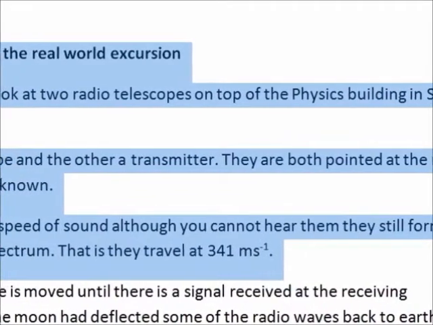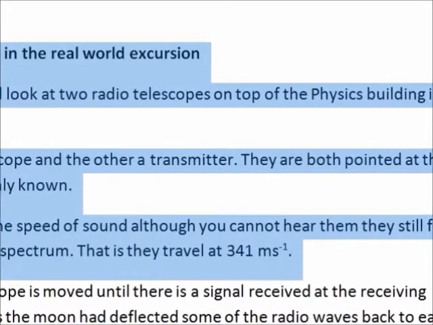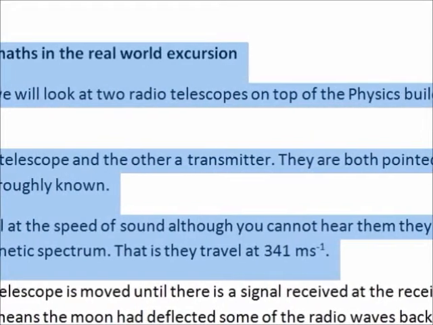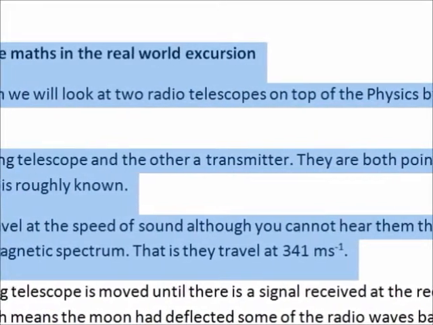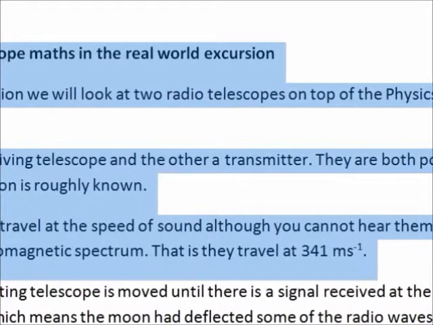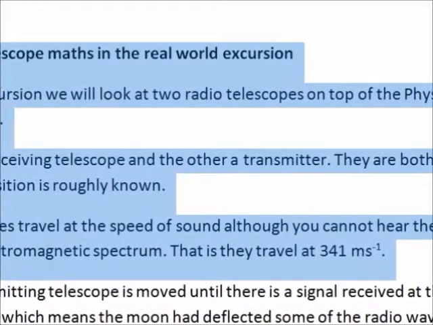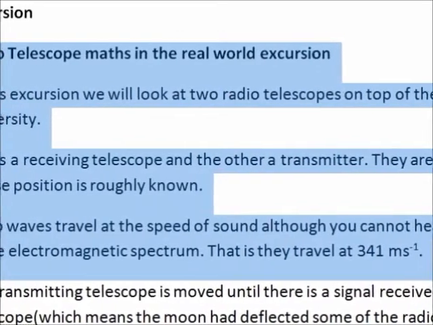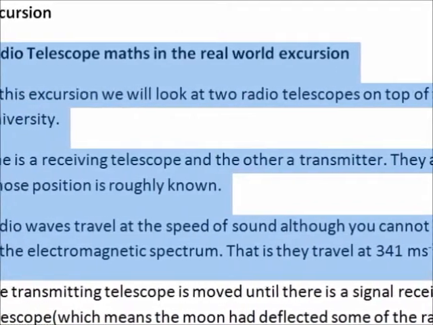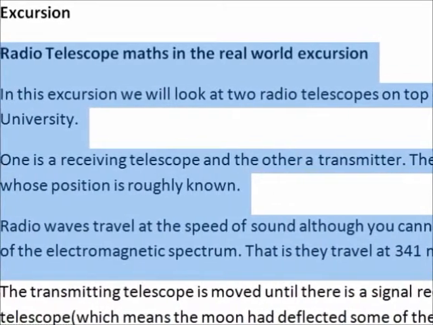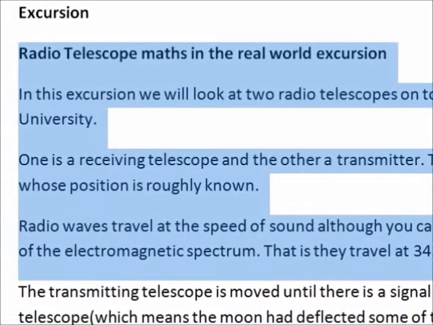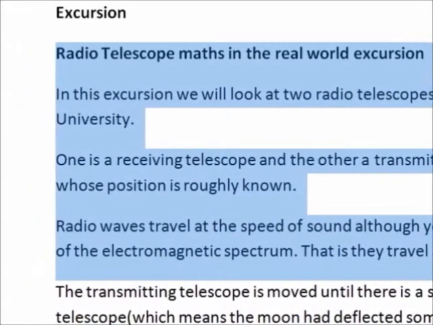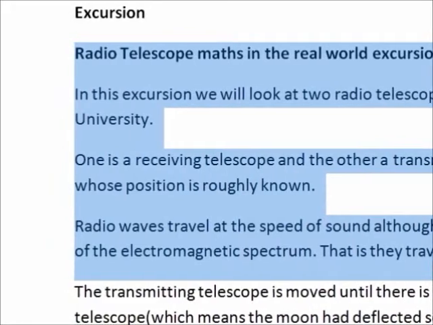One is a transmitter and one's a receiver, and you can line up these telescopes at the edge of the moon, so as the moon passes through the telescope while it's bouncing its radio beams, you can pick up a signal on the receiver and work out how wide the moon is, and how far the moon is away from the Earth as well, very accurately, just using those 2 telescopes. I thought that would be a good trigonometry excursion for the children.